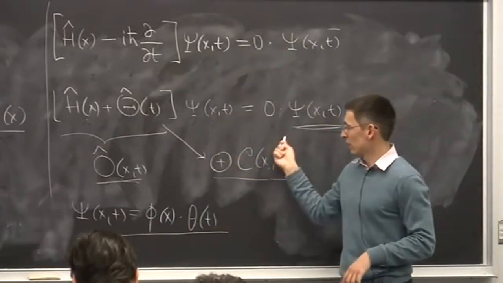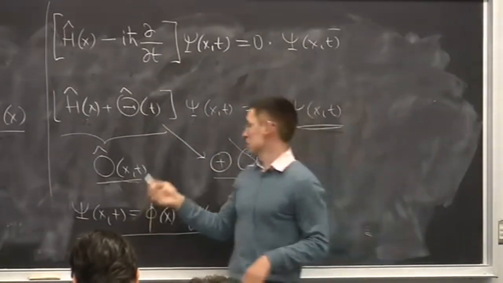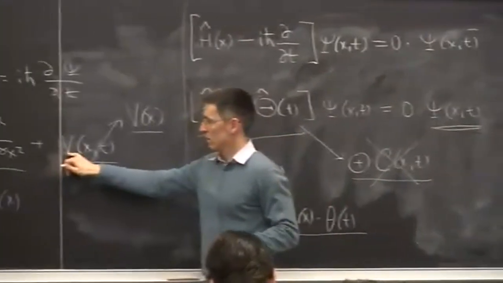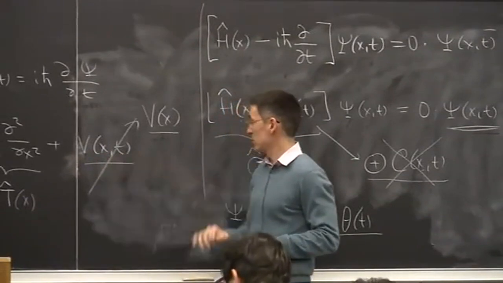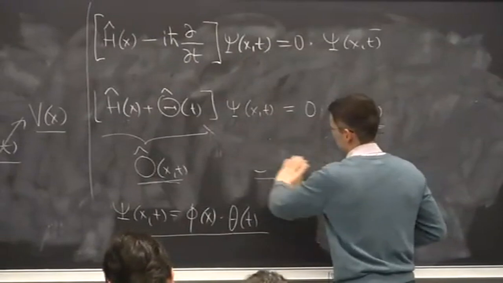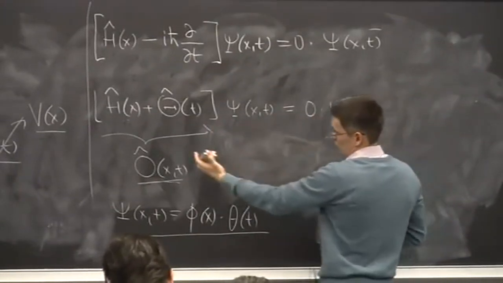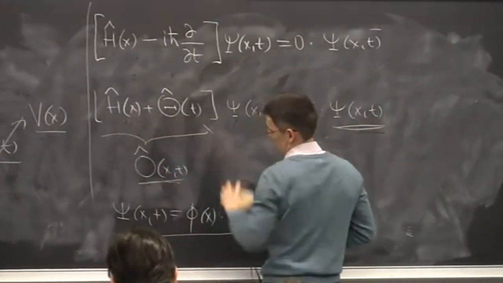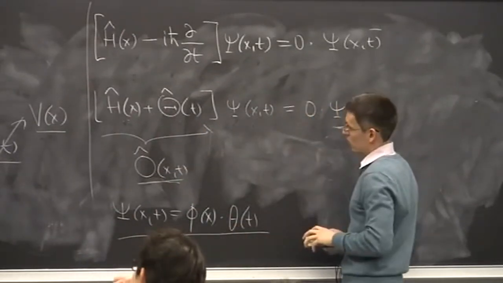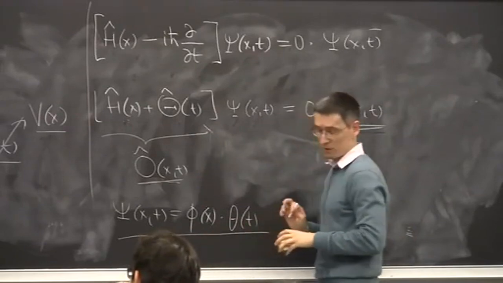But I don't have this term, because the possibility for this term would be if I had a potential that depends on both x and t, but I don't, so nothing to worry about. Because my operator is just an x part plus a t part, I can always write the function, which is an eigenfunction of this operator, as a product.